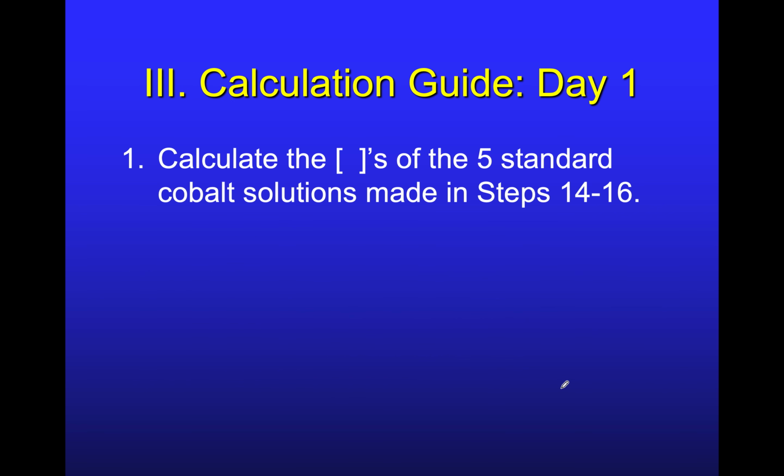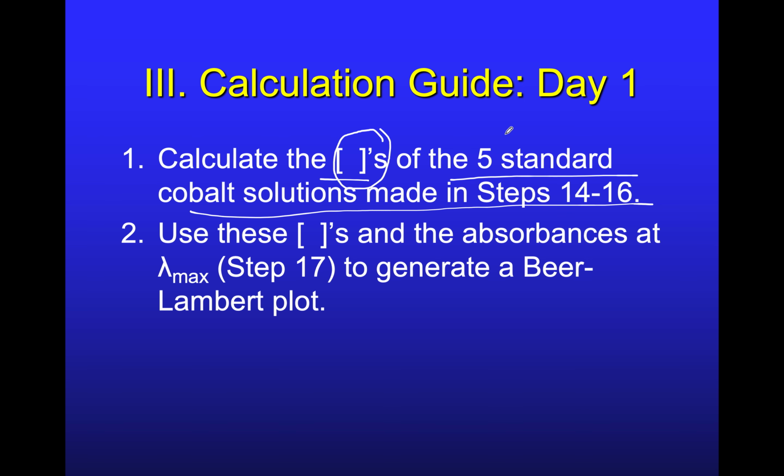All right, calculations. Day 1. Calculate the molarities of the 5 standard cobalt solutions made in steps 14 to 16. So you'll be provided with 5 standard solutions. They were made by independent concentration, so you need to determine the molarities of those 5. Then you use the molarities and absorbances, remember lambda max, to generate a calibration curve or a Beer-Lambert plot.